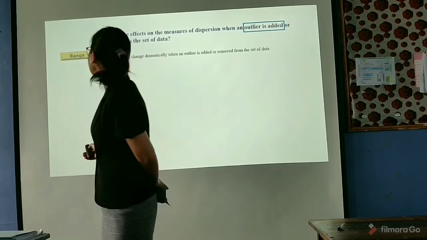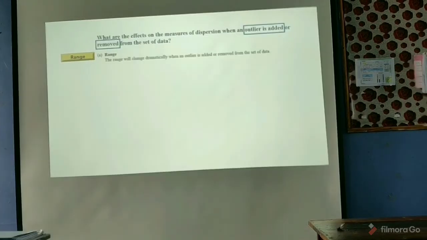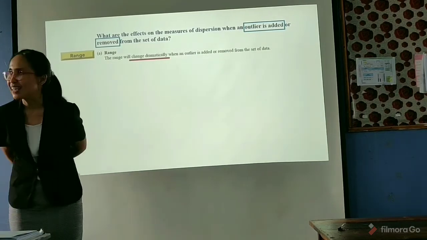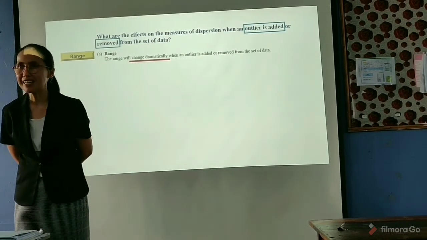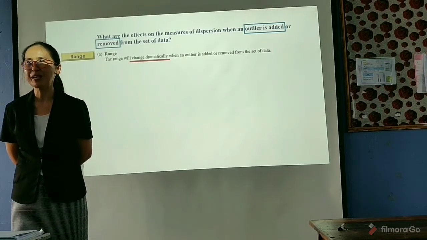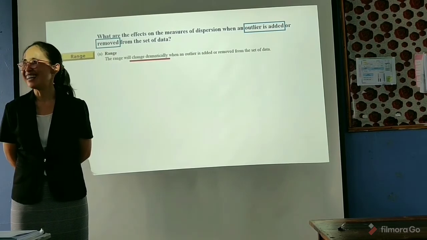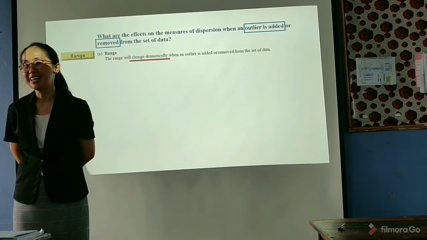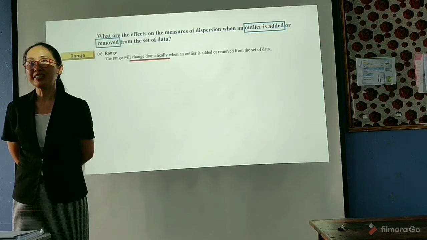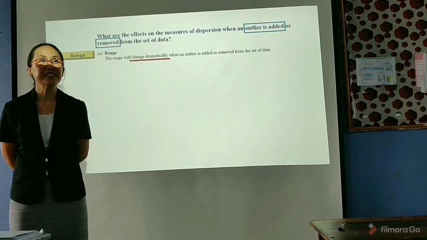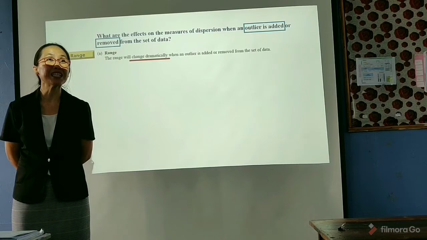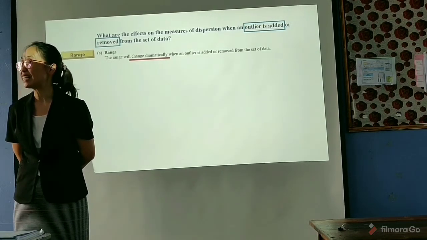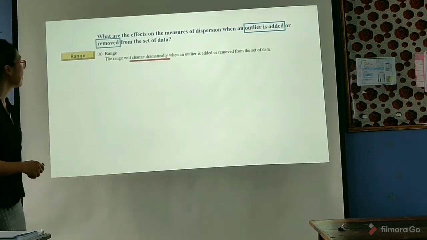Of course, the range will change dramatically, because the range really depends on the biggest or smallest value. The biggest or smallest value is the outlier. It's the extreme value. It will change dramatically.